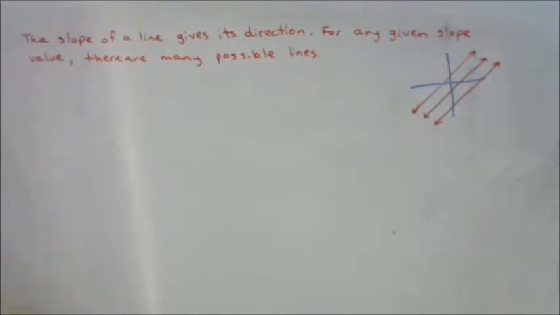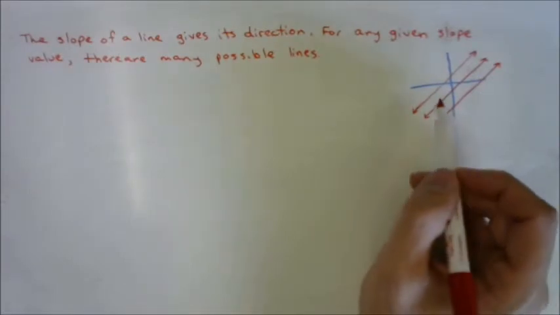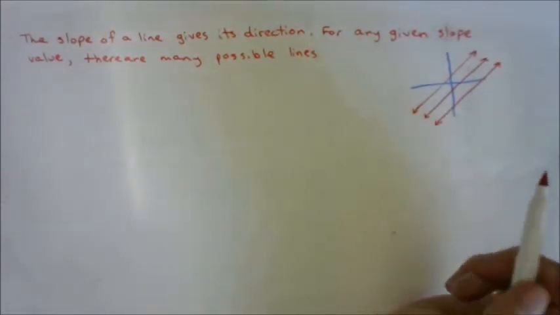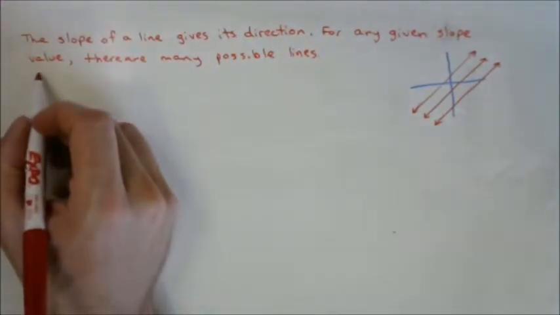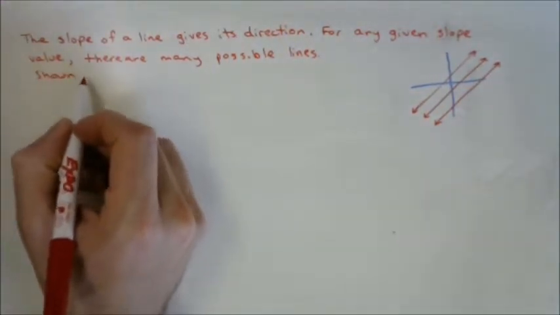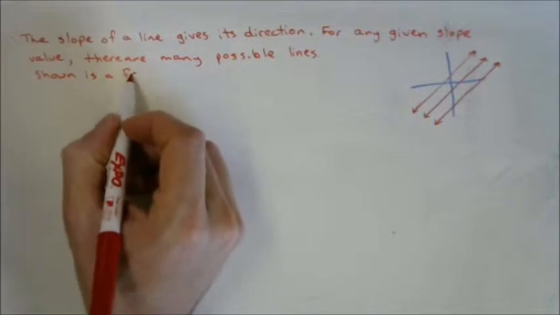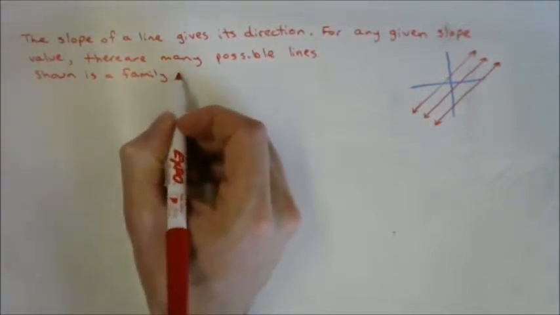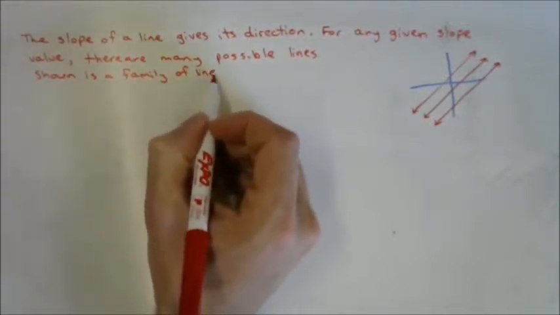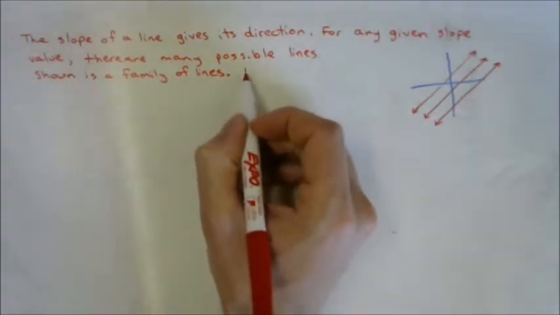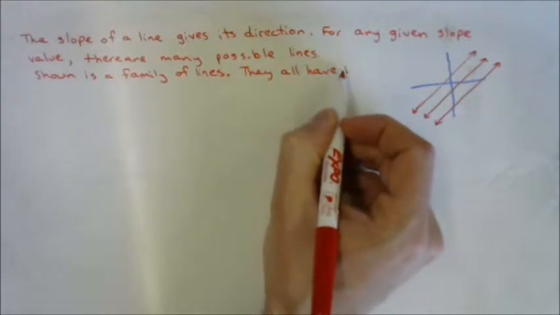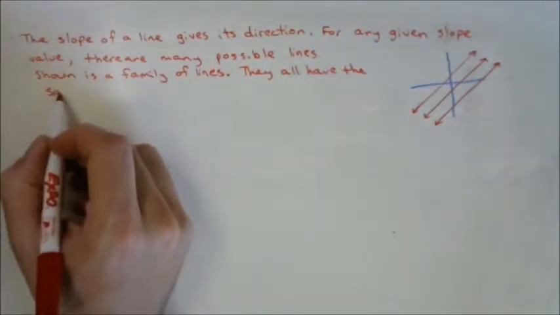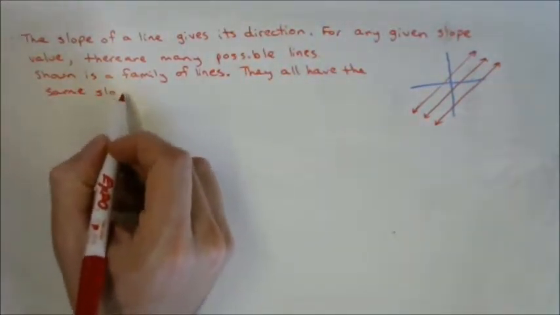So let's say this is a family of lines that has the slope kind of looks like 2 over 3 or something like that. Shown is a family of lines, period. They all have the same slope.